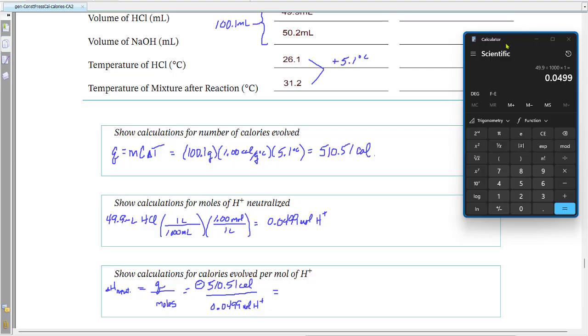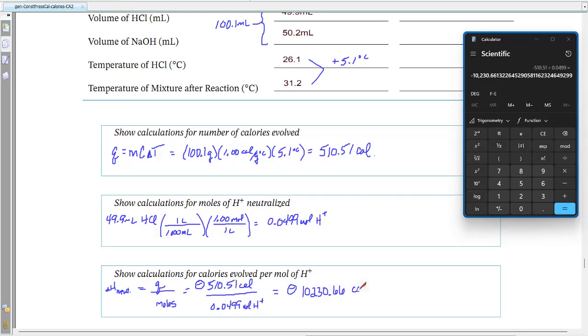And when we do the math on that over here, all right, 510.51, flip that to negative, divide by 0.0499, I get negative 10,230.66.